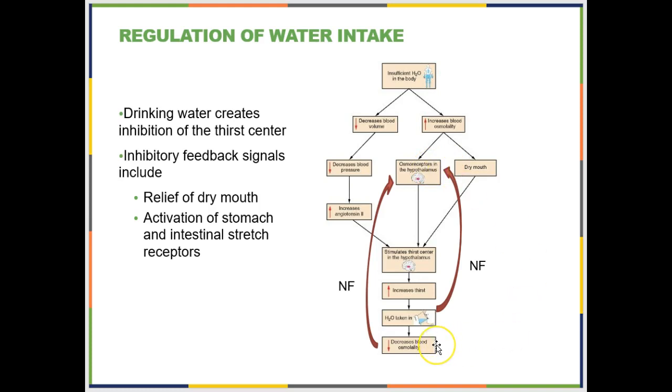If you kept drinking until the water got into your bloodstream and that now more dilute blood got up to your hypothalamus, you would drink way too much water. So having the water in the mouth and distension of the stomach shutting off the thirst centers ensures that you don't overhydrate.